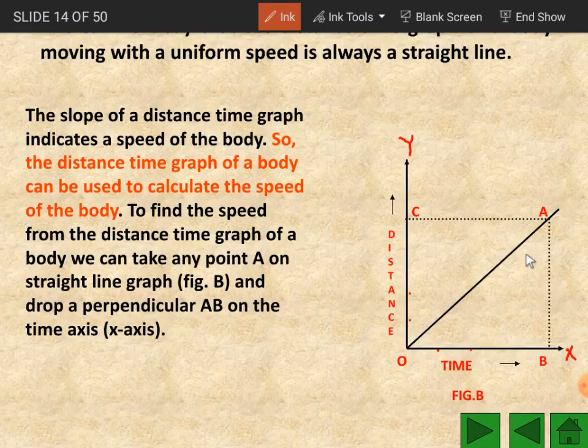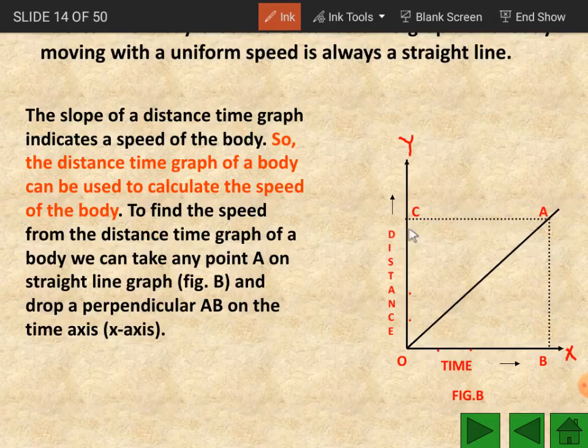For this uniform motion, let's try to find out. You take a particular point A on the graph itself, and you draw a perpendicular from this point toward the x-axis and toward the y-axis. You draw perpendiculars like this.